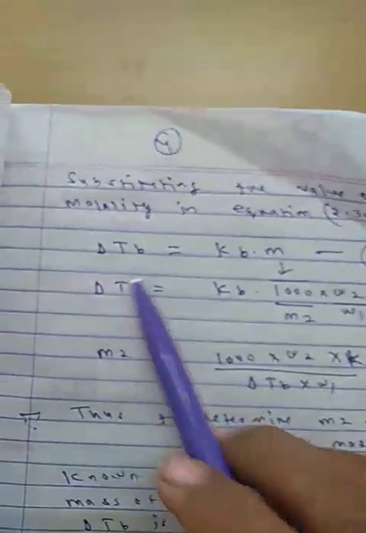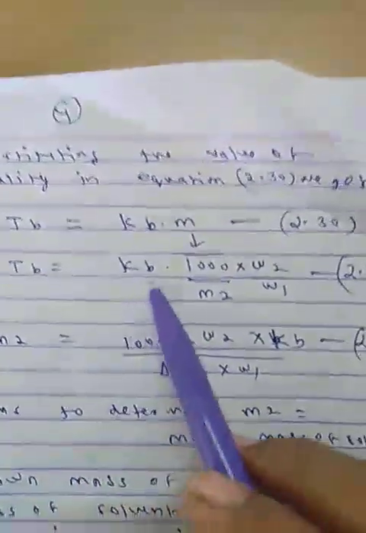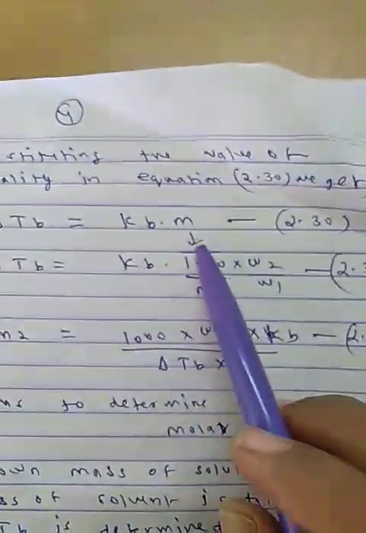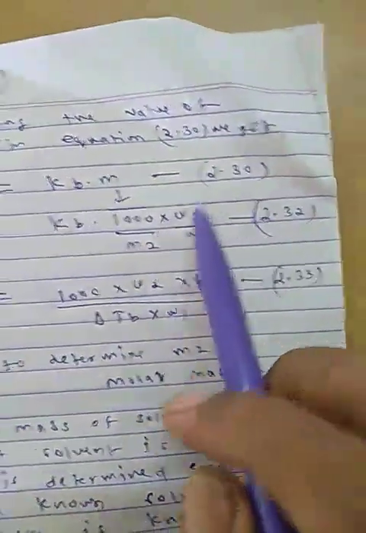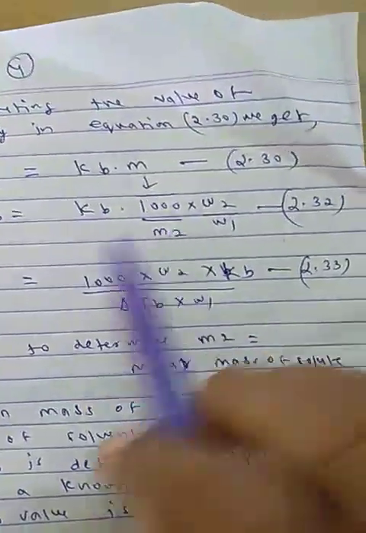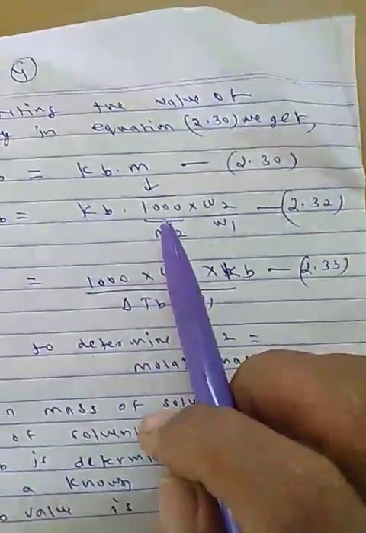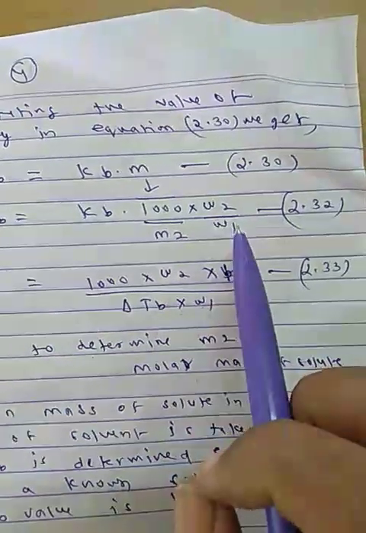Now substituting the values of molality in equation 2.3, delta Tb is equal to Kb into M. By putting the value of M from 2.30, already we derived 1000 upon M2 into W2 upon W1, 2.32.